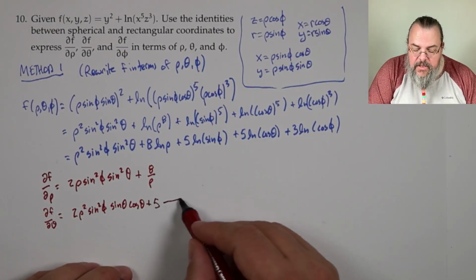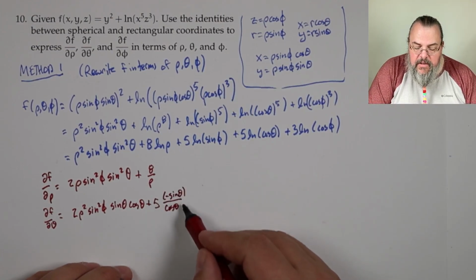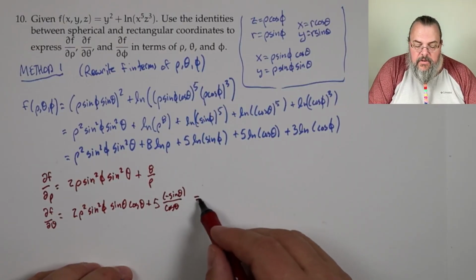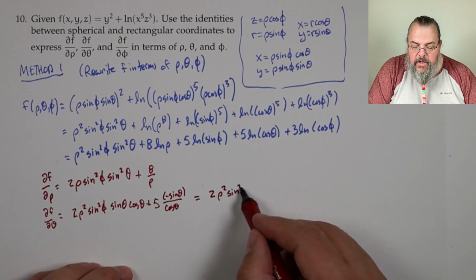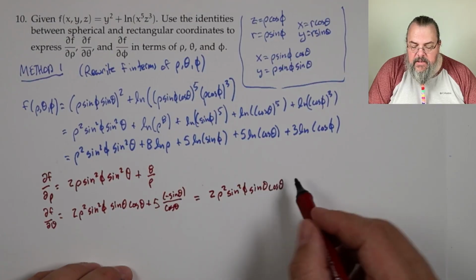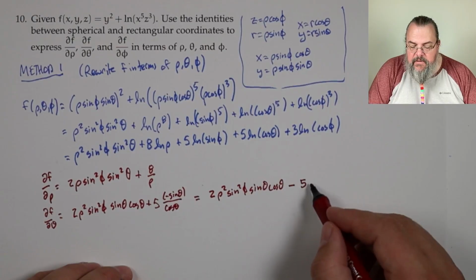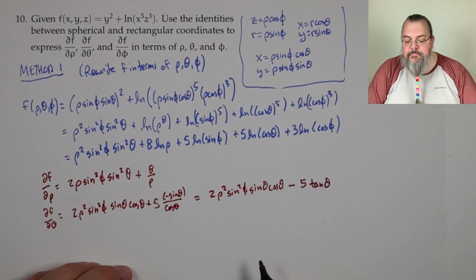There's a fraction, and downstairs is cosine theta, and upstairs is negative sine theta. And if we wanted to, we can say that's 2 rho squared sine squared phi sine theta cosine theta minus 5 sine over cosine. We can go ahead and write that as tangent.